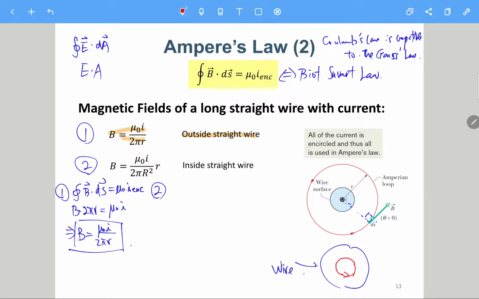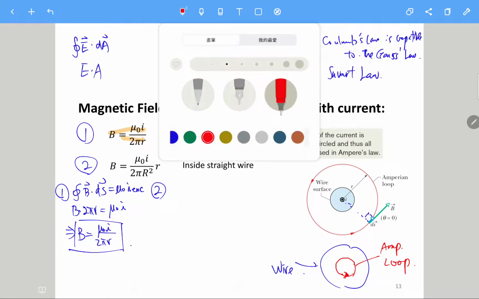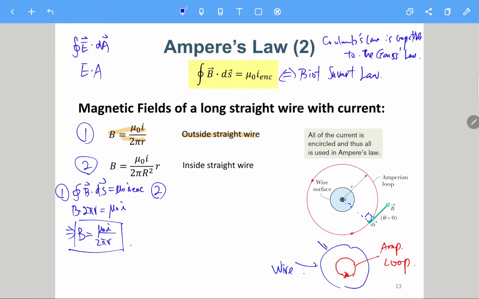This is the Ampere loop, going counterclockwise similarly, and the total current is I, and we assume the current is uniformly distributed over the whole wire.